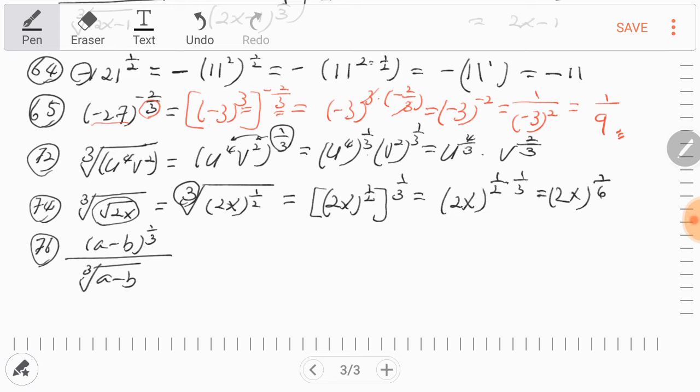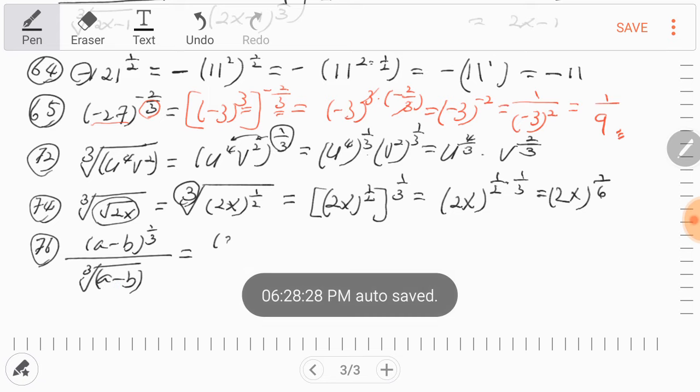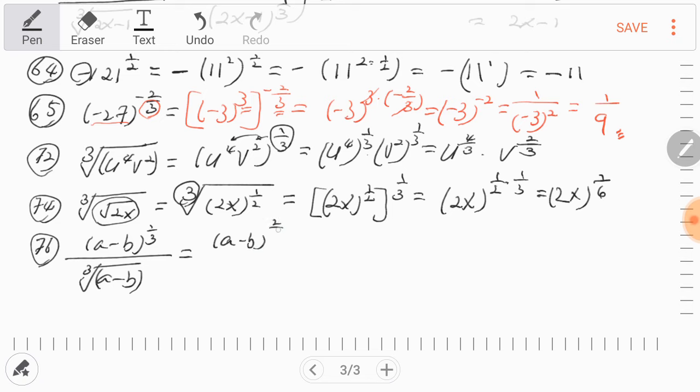Okay, next. The base is a minus b. The radicand is a minus b. So we can change the radical expression into an exponential. So that will be a minus b, and the power is 1/3. Okay, let me rewrite this one clearly.